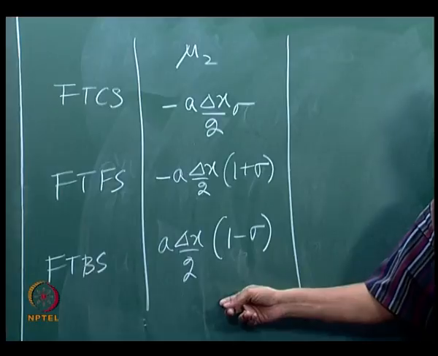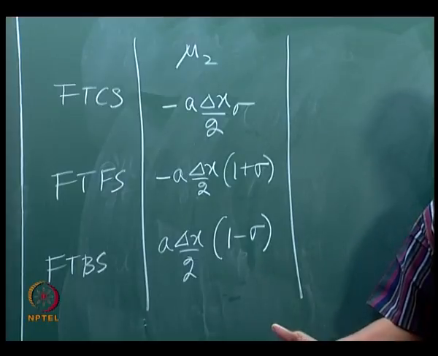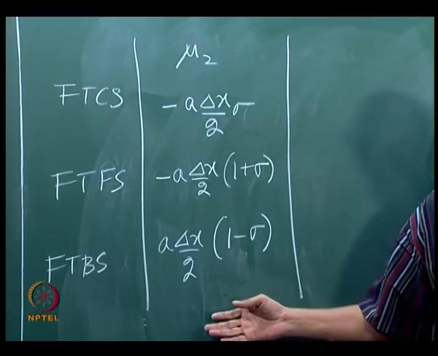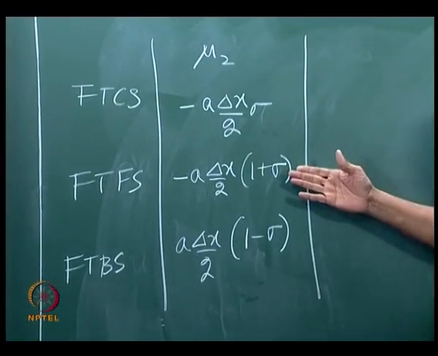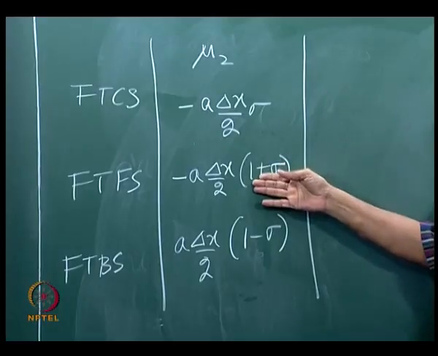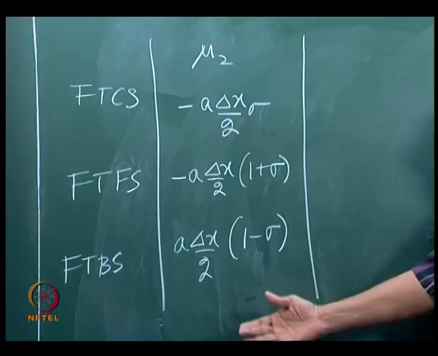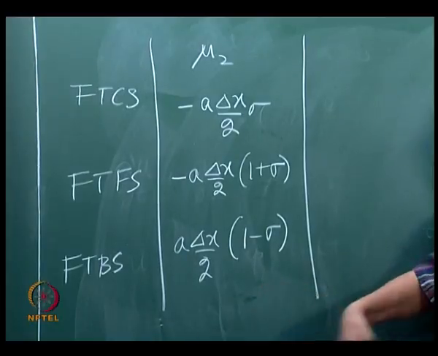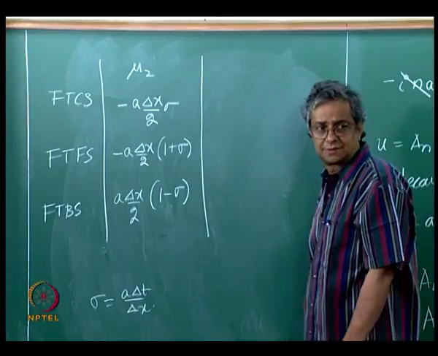It is possible you may not always get the perfect stability condition out of the modified equation, but in this case it actually worked. So if mu2 is negative you get an unstable situation, if mu2 is positive you get decay, and the algorithm is stable. Is that fine?